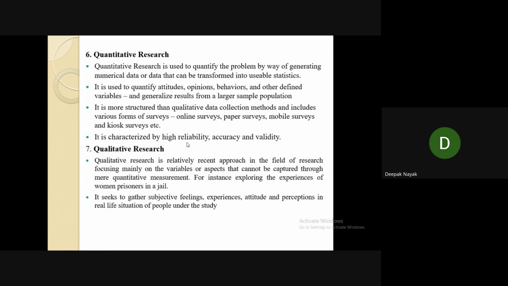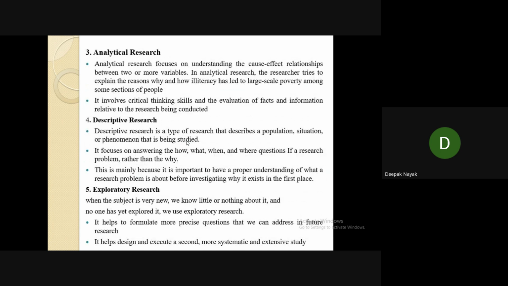Then, of course, the next one is exploratory research. Exploratory research is undertaken when you are trying to understand something very new and little is known about it.